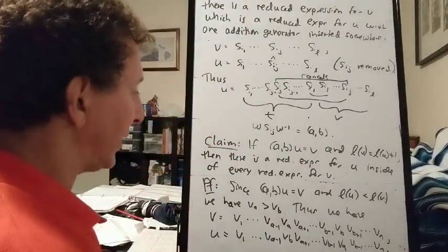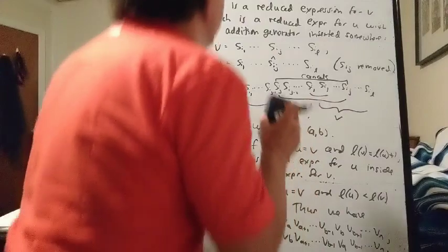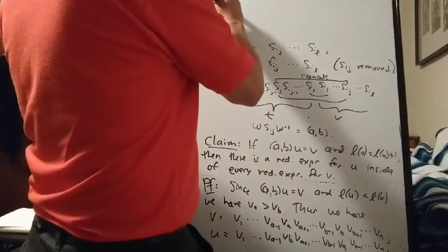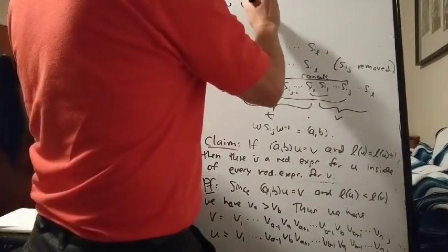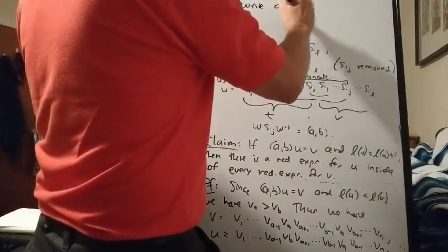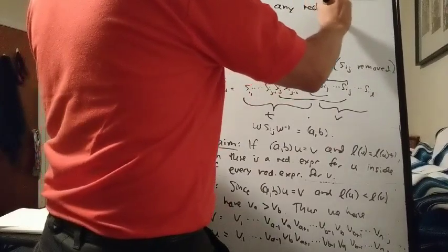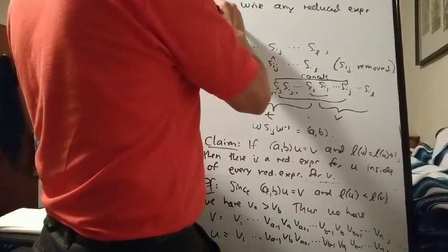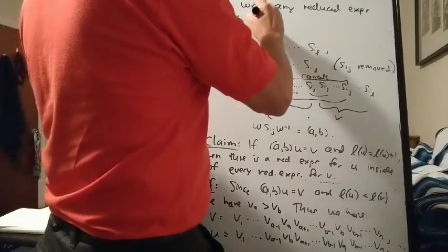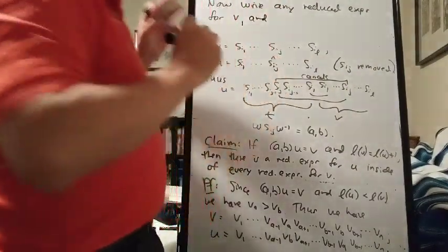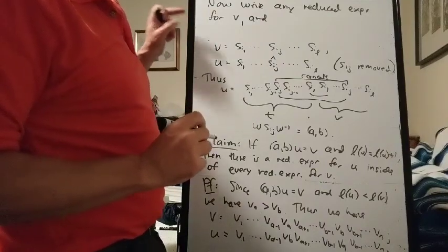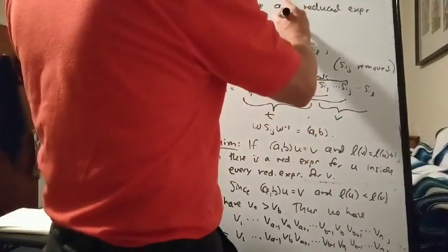Right, now let's write any reduced expression for V. We'll write the reduced expression and we'll draw the wiring diagram corresponding to that reduced expression.